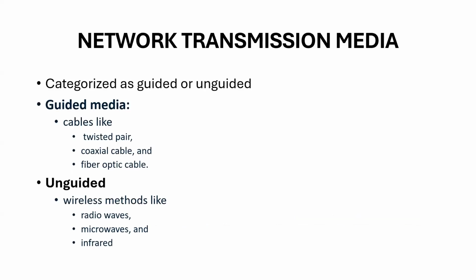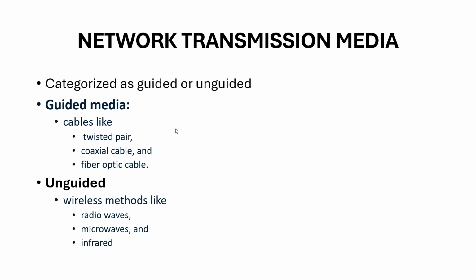Now, network transmission media. Under our transmission media, we think of whether it's guided or unguided. Under guided, you look at the cables that are connecting, let's say, the LAN. We have the twisted pair cable, we have the coaxial. Each one has its own speed, that's the speed at which you can carry data.